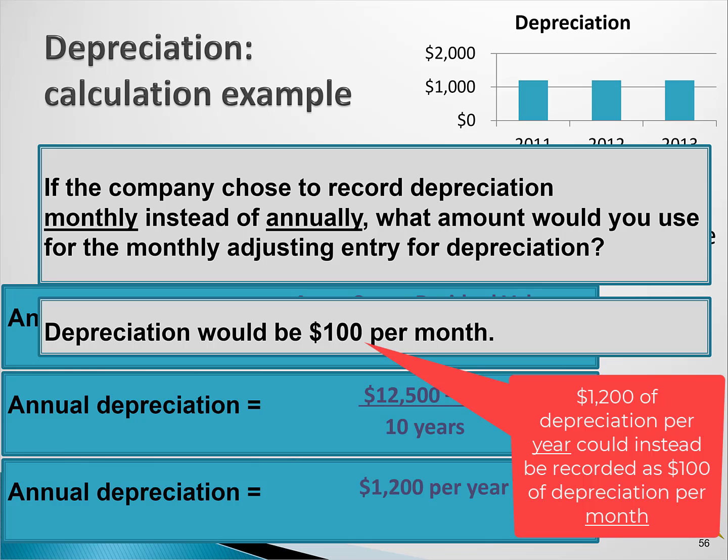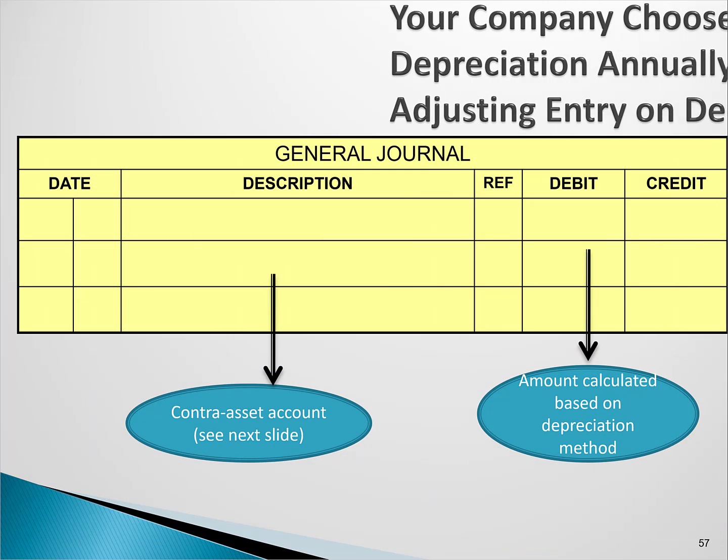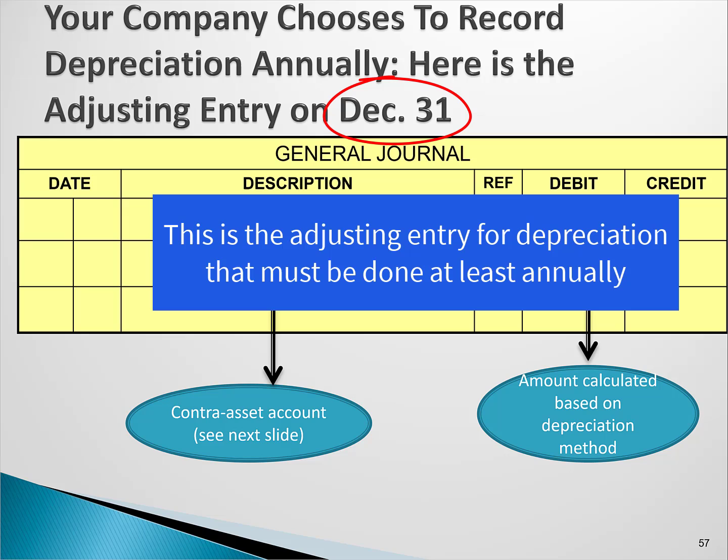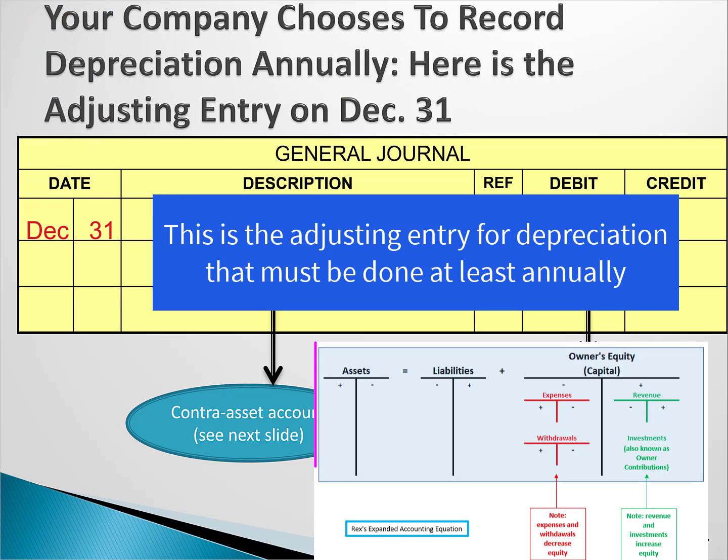So now that we recorded this depreciation, how would we record the adjusting entry at the end of the accounting period to record it? Here's how we are going to do it. Notice it's December 31st. It's the end of the year, so we need to record depreciation expense.